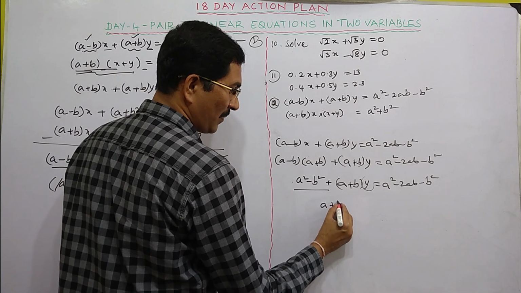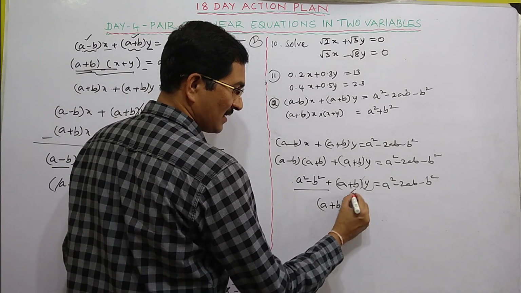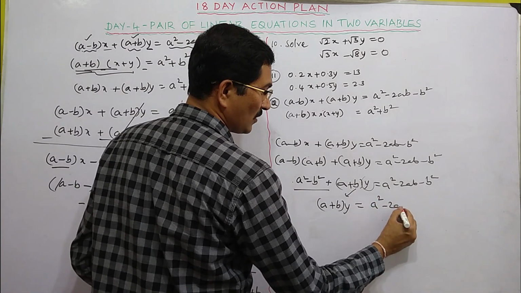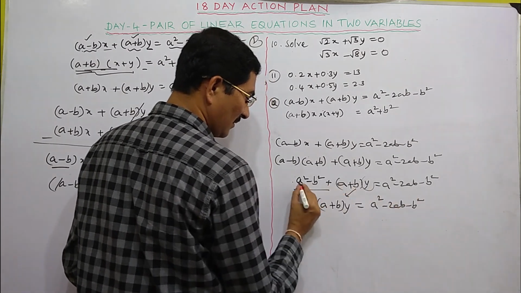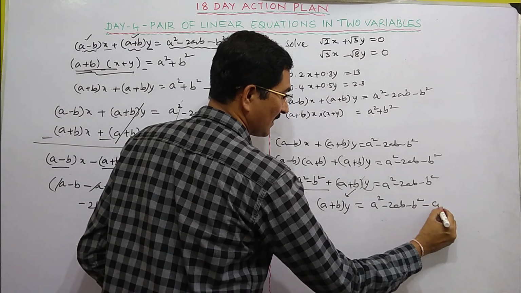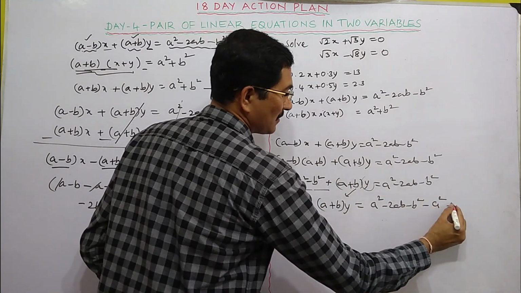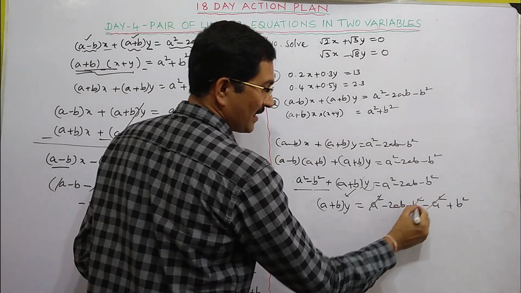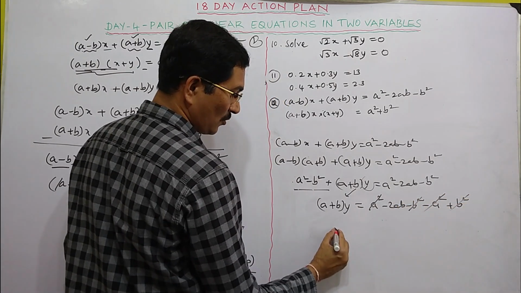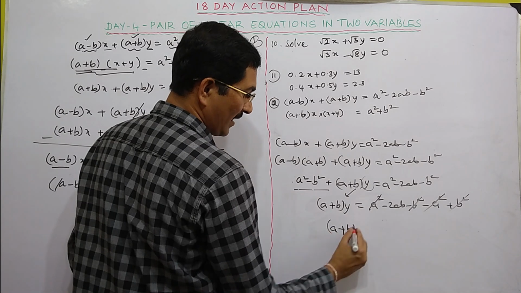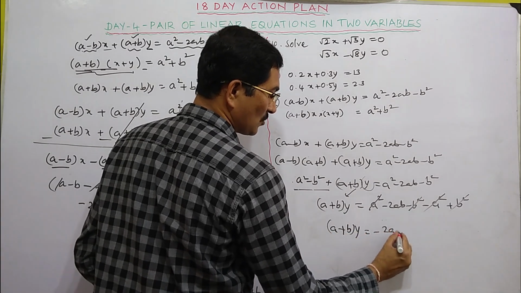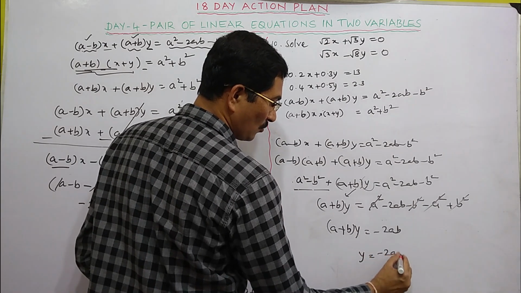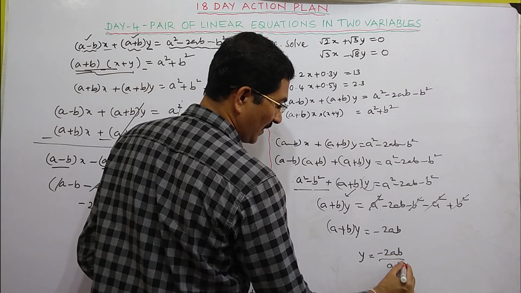So (a + b) y remains here, is equal to, so this is a² − 2ab − b². This a² becomes minus a², minus b² becomes plus b². So a² − a² get cancelled, −b² + b² get cancelled. So (a + b) y is equal to −2ab. So we want y, therefore y is equal to −2ab / (a + b).